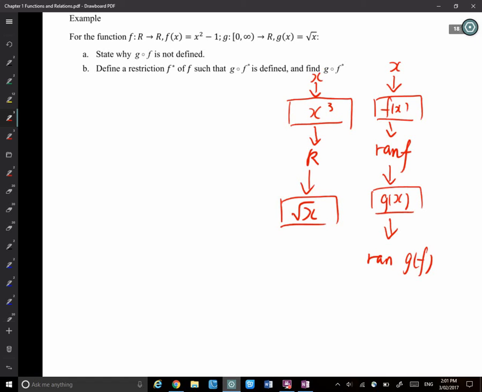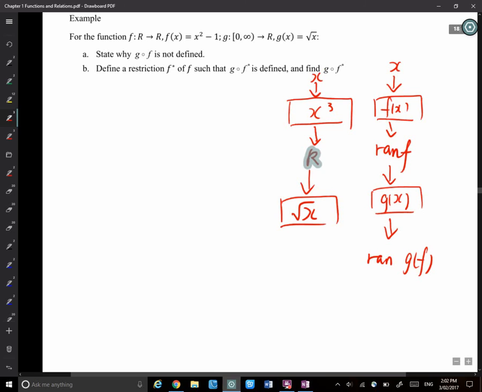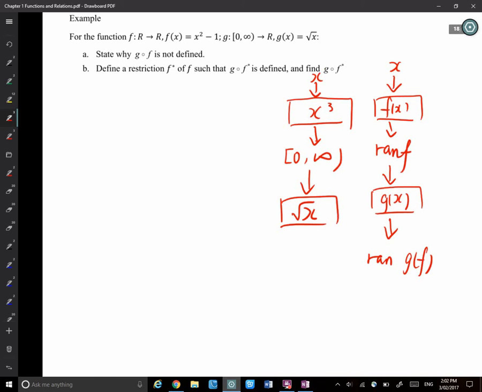The problem occurs here: some negative values into the square root of x is not working. We stop here and go back to check what is possible to put into the square root of x. What is possible is 0 to infinity. That's what is suitable to put into g(x).